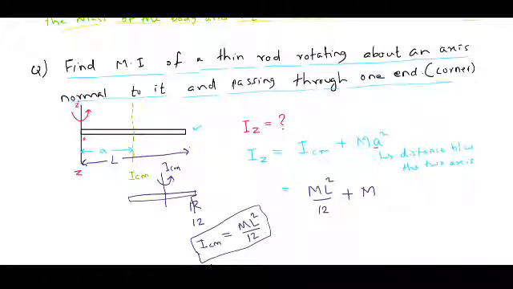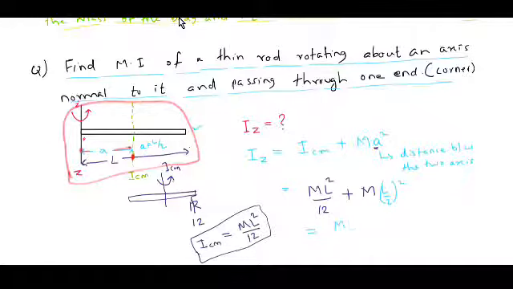Next we have to write this a in terms of the L. If you look at this picture, then it is very clear that this distance is nothing but L by 2, that is a is equal to L by 2. Instead of a you can substitute L by 2 whole square.